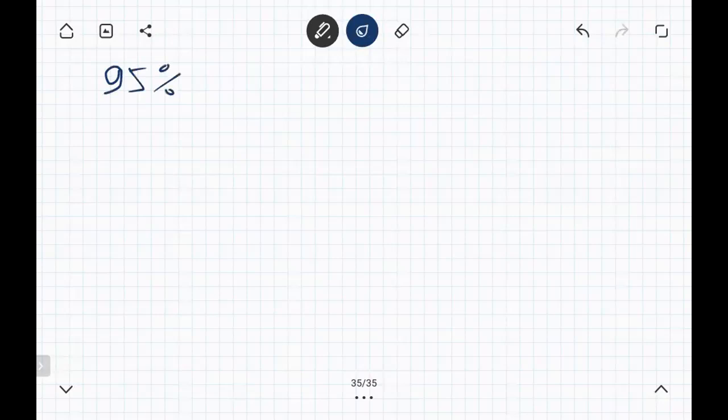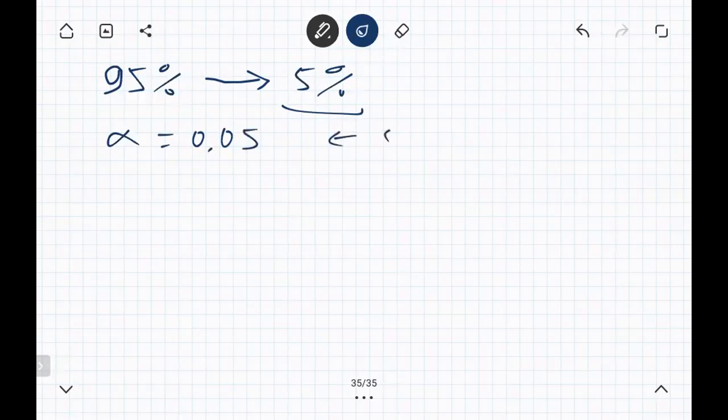If I'm 95% sure that I am correct, then it means that I allow for a 5% chance of a mistake, a 5% chance of an error. And this thing has its own name. So 5% in this case, again, it can be any number, you choose it.